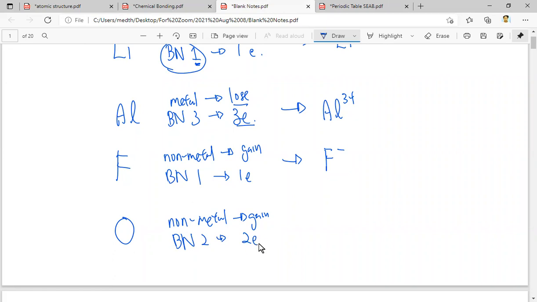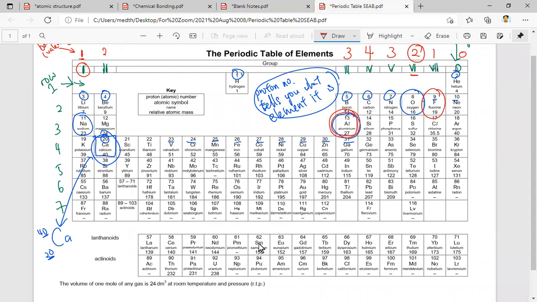So oxygen, because it's a non-metal, will gain 2 electrons. Hence, it will become O2 minus. So this is a very simple way of helping yourself to know what should be the charge of the ion, how many electrons it will gain, how many electrons it will lose. The periodic table is a very, very useful tool.